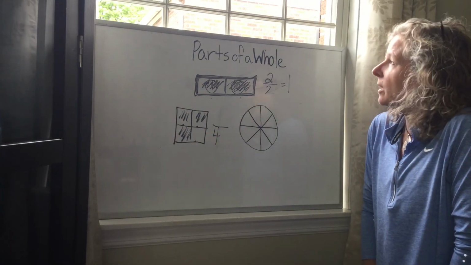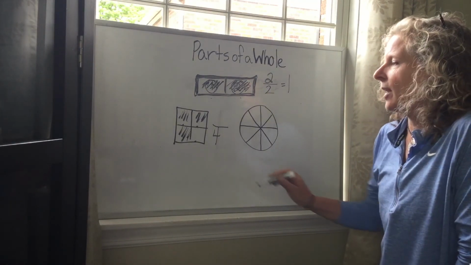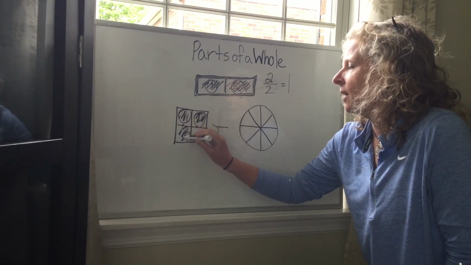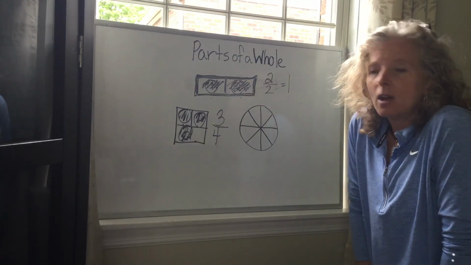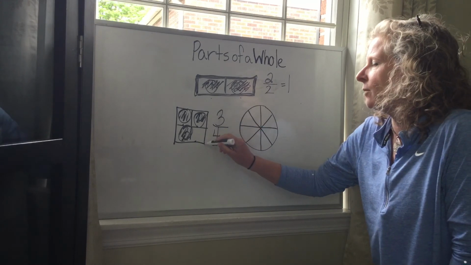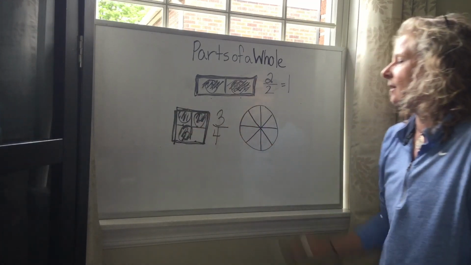So we'll look at the parts that are colored in, because that's what shaded means, and we're going to count them. 1, 2, 3. 3 of the 4 parts are shaded in. 3/4 of this whole square are shaded in.